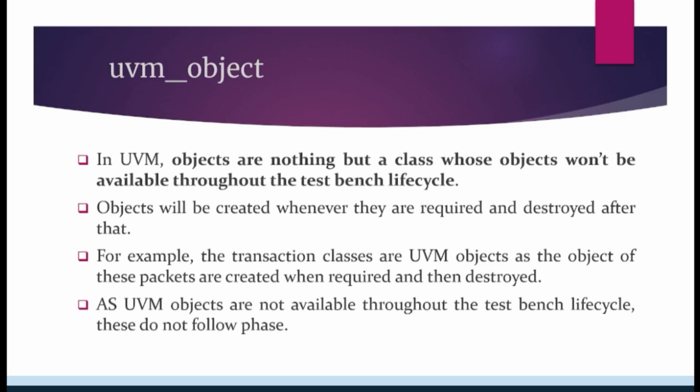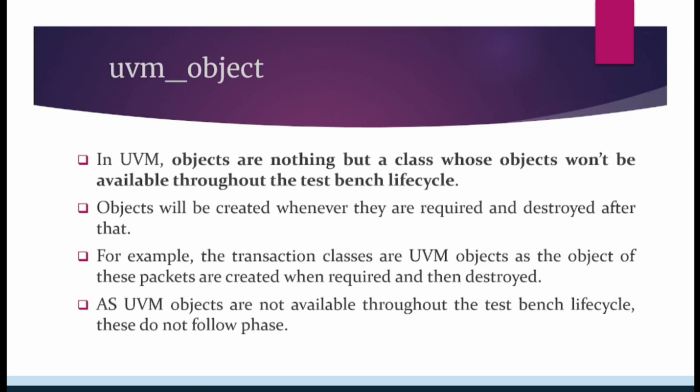Now coming to examples of UVM object: the transaction class. The transaction class is not required in the entire life cycle of the TB, so transaction class objects come under UVM object.